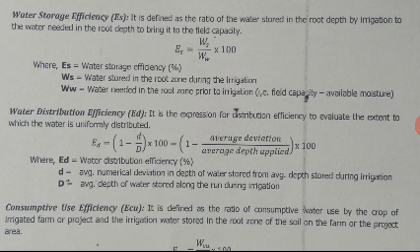ES is equal to WS divided by WW into 100, where ES is water storage efficiency in percentage, WS is water stored in the root zone during the irrigation, WW is water needed in the root zone prior to irrigation, that is field capacity available moisture.